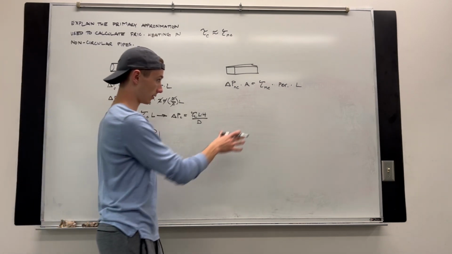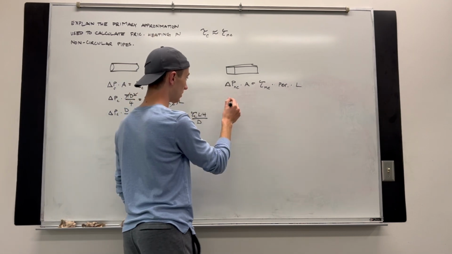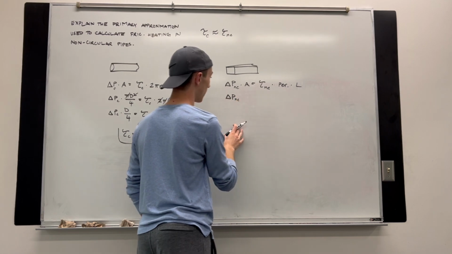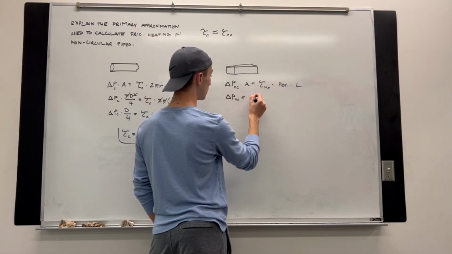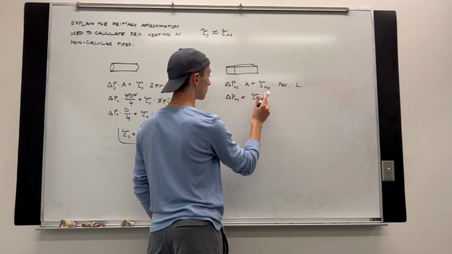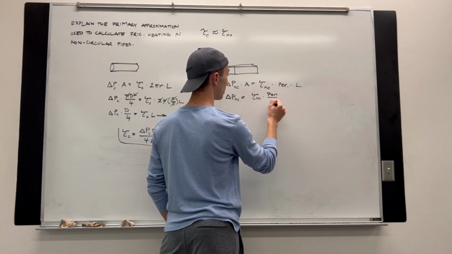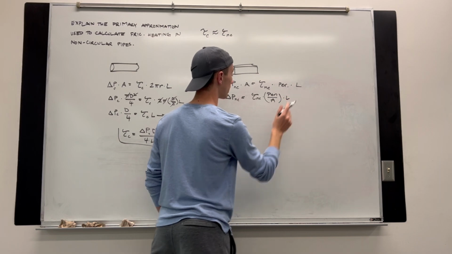Now, let's go ahead and look at this one, and do the same operations to it. So delta P for the non-circular pipe is going to be equal to the shear stress in the non-circular pipe times the perimeter over the area times the length.